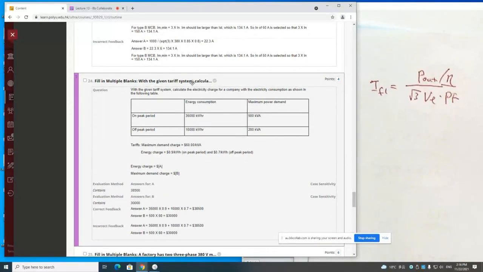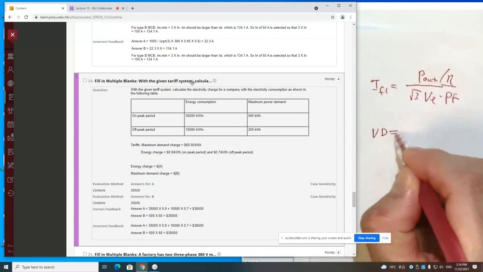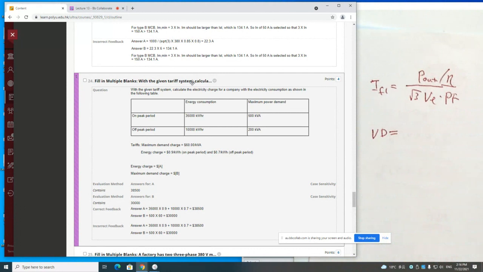And again, the formula for voltage drop calculation will not be provided. But for the voltage drop calculation, I suggest that you only use the simplified formula. You do not need to consider the complicated formula with temperature factors or power factors.